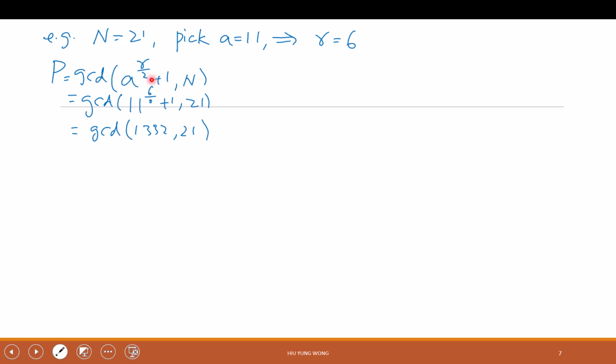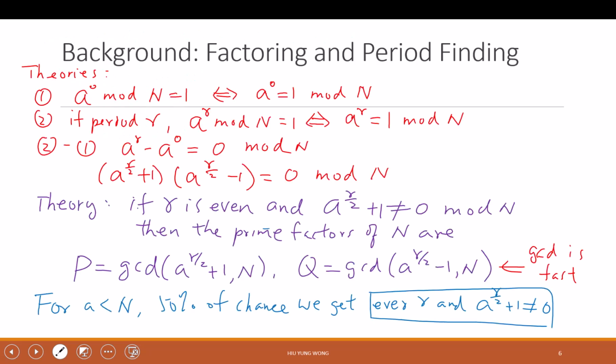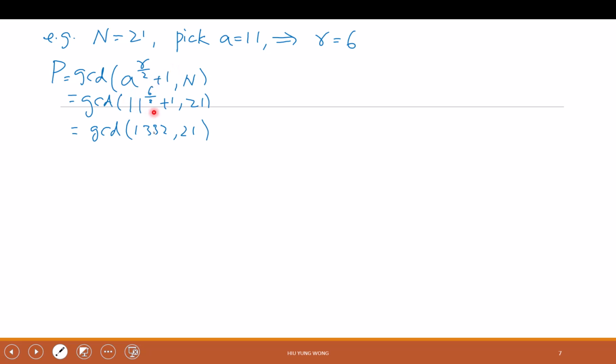First of all, do you understand what I'm doing here? I want to find, based on the theory here, P equal to GCD of A to the power R divided by 2 plus 1 and n. Right? And that's why I substitute.